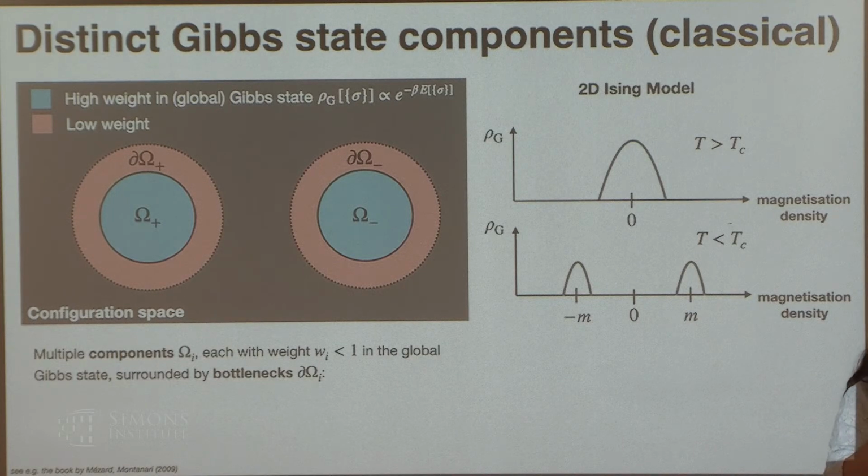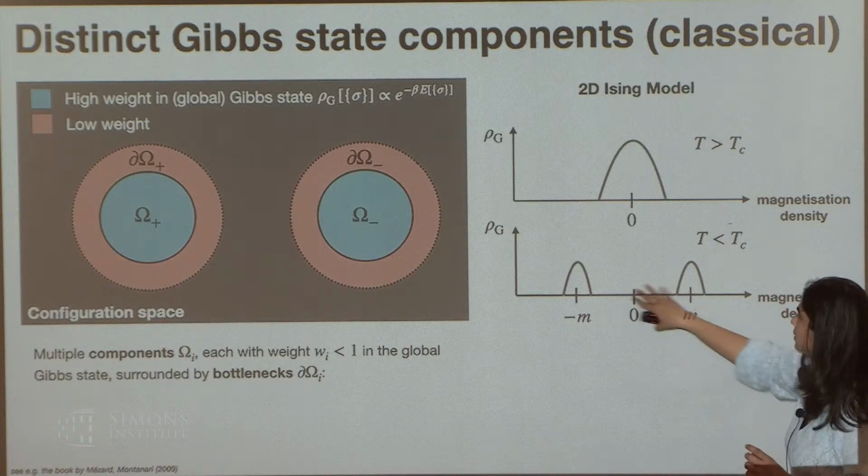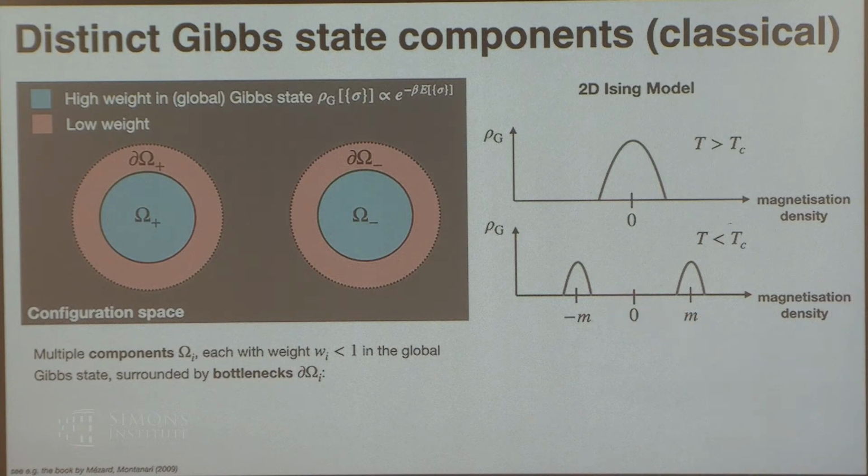Okay, so if I just make a heat map of my Gibbs state below some ordering temperature and ask where it has high weight, well, it'll have high weight in regions where the magnetization is, say, greater than 0.75 or less than minus 0.75, and these will be surrounded by some low weight regions, which are these bottlenecks, where the magnetization is in this dead zone near zero.